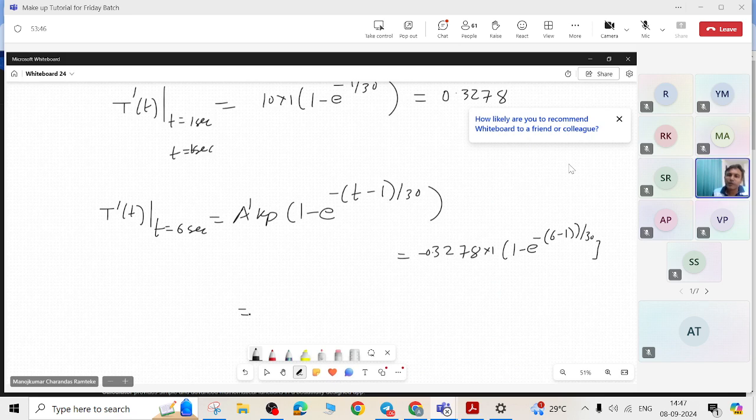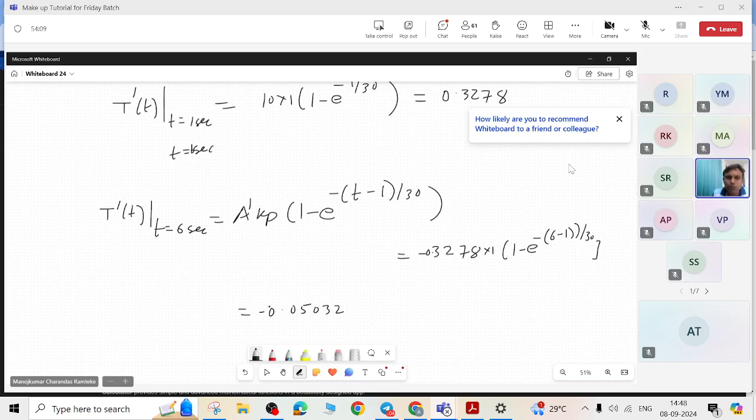What value are we expected to get? 0.05032. There is no minus sign here. Yes, sir, minus 1. So the minus sign is there, isn't it?